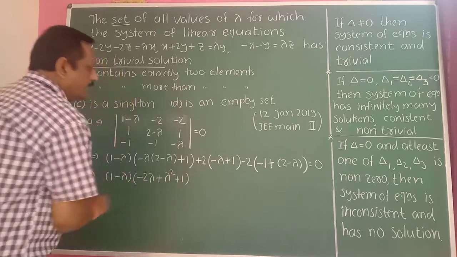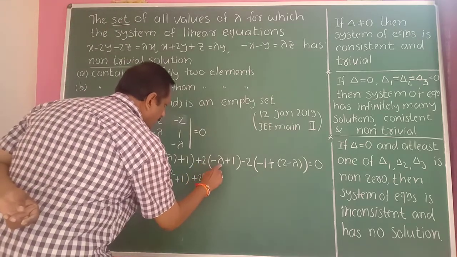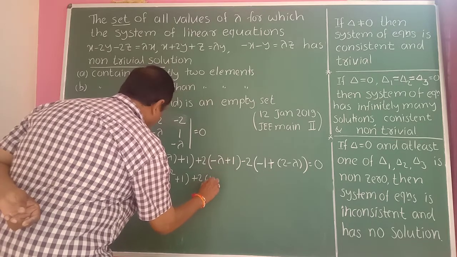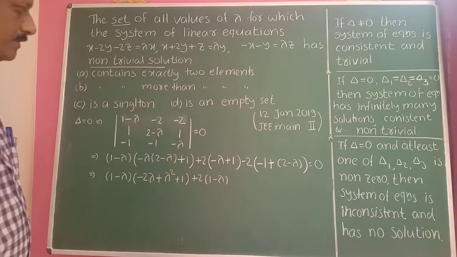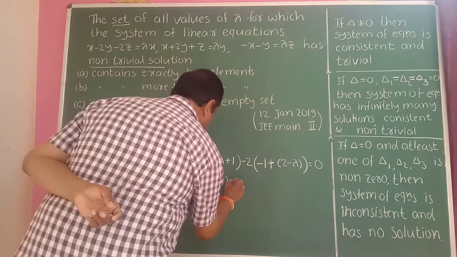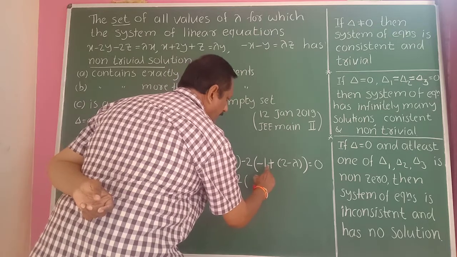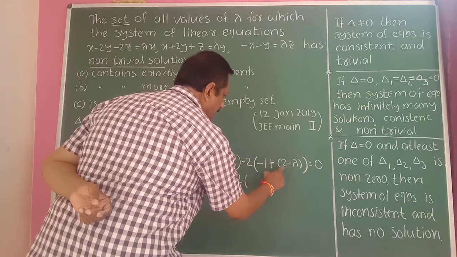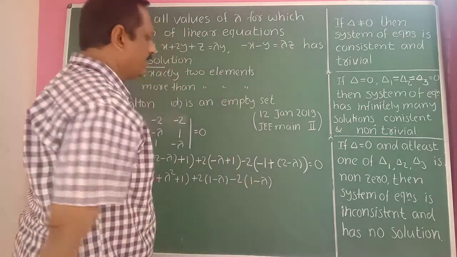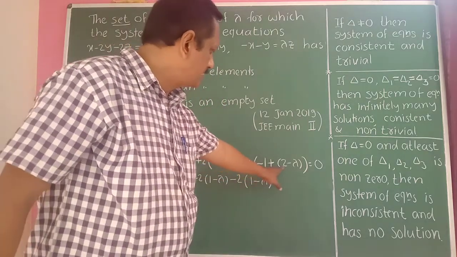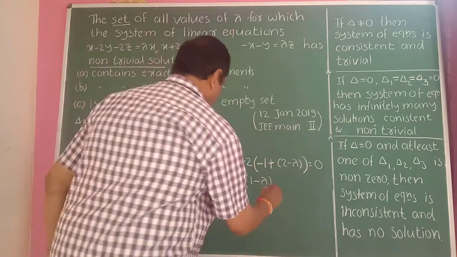Then plus 2 into bracket: minus lambda plus 1, which can be written as 1 minus lambda. Then minus 2 into bracket: minus 1 plus 2 becomes plus 1, so 1 minus lambda, that is equal to 0.